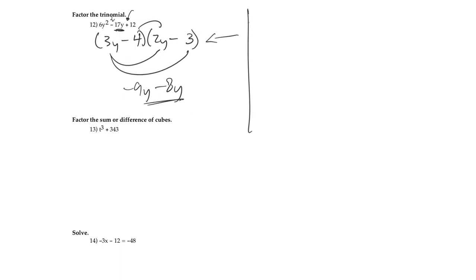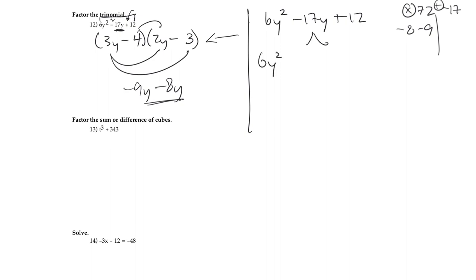If you like doing the AC method, you'd multiply the 6 by 12. So you'd have to get two numbers that multiply to 72 and add to a negative 17. Okay, I think negative 8 and negative 9 are our numbers. And so I split up, well, let me just write the question again. So I split this term up into 2: 6y squared minus 8y minus 9y plus 12.